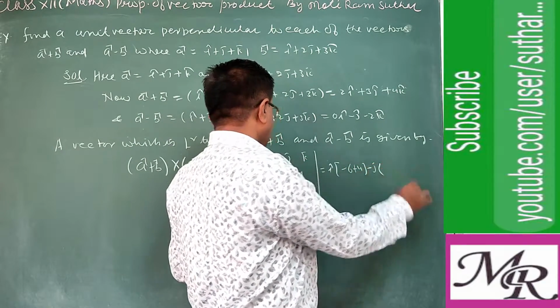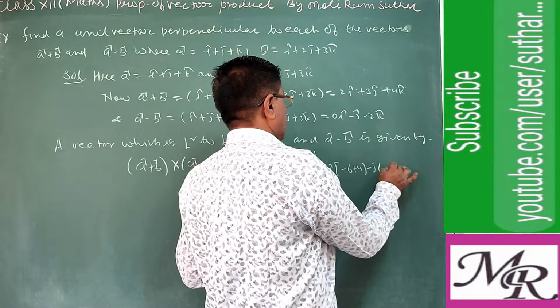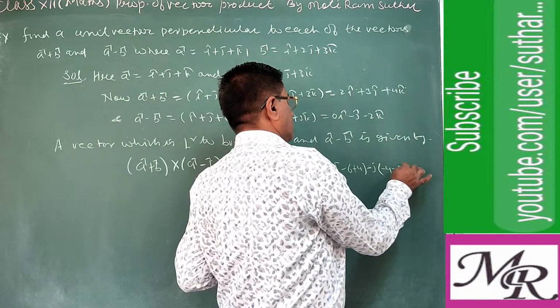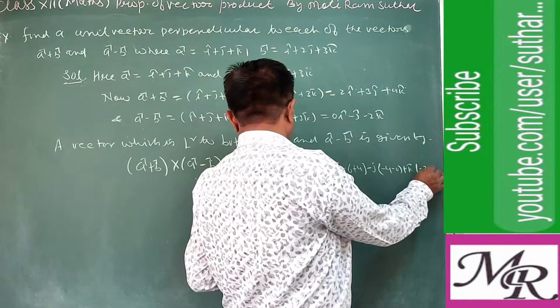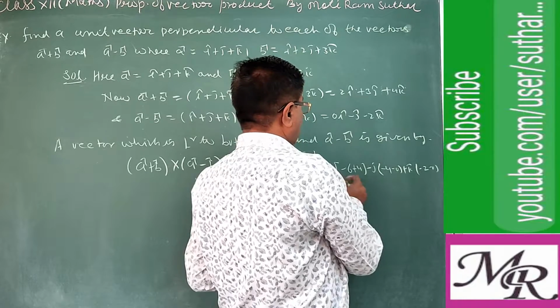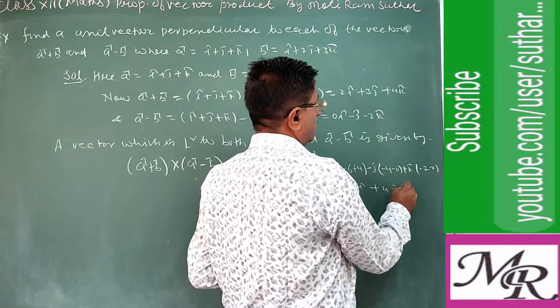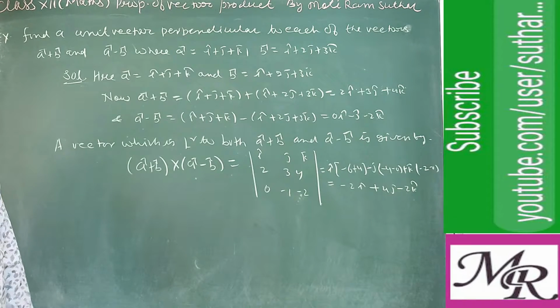Then minus j, 2 into minus 2 is minus 4, minus 0. Then plus k, 2 minus 0. So finally the solution is minus 2i plus 4j minus 2k. So we get a vector which is perpendicular to the given vectors: minus 2i plus 4j minus 2k. So this is the vector.